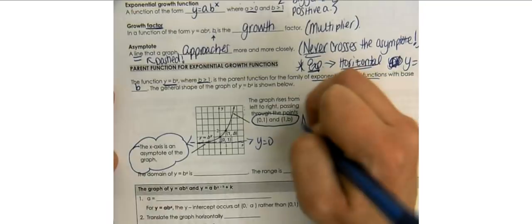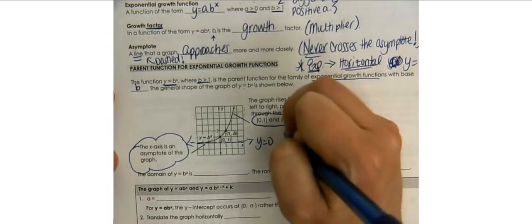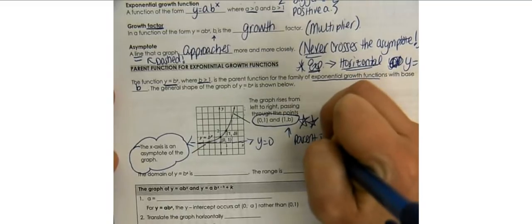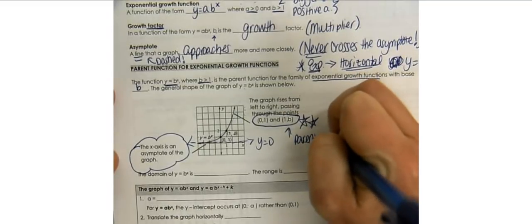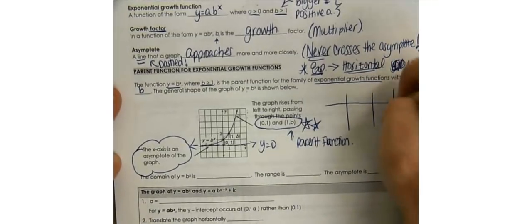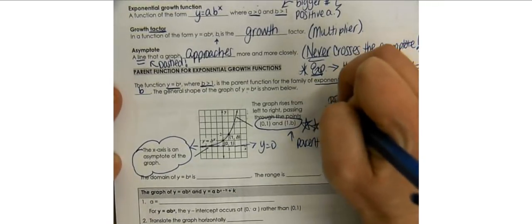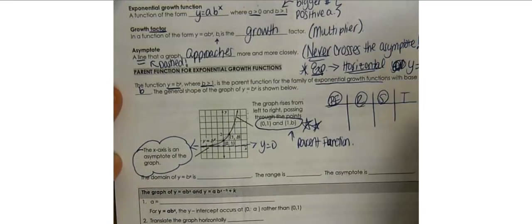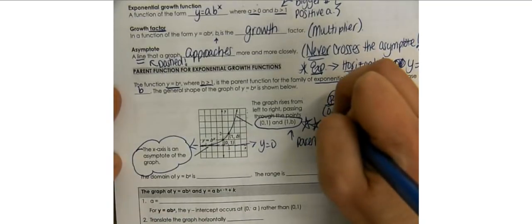These points are important because they are your parent function, and they will change based on what your b value is. So when you're creating a table of values, because we're going to be creating a parent function, reflection, stretch, shrink, translation table, just like we've done in the past, the nice thing is that you only have 2 ordered pairs to know.